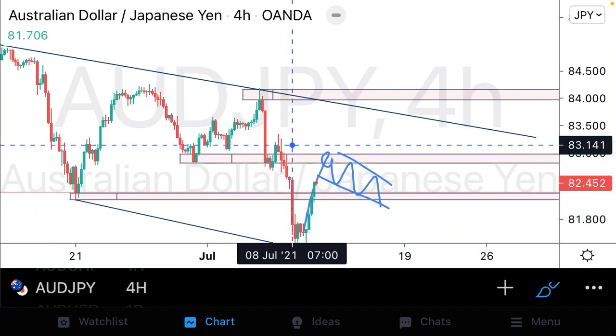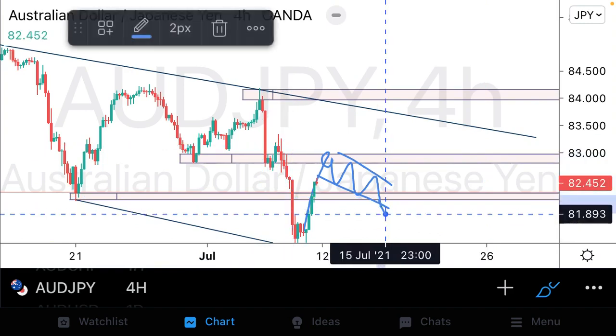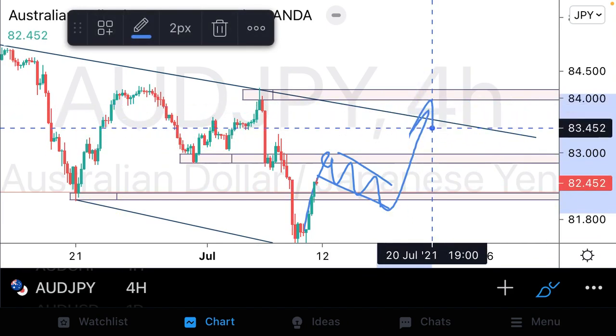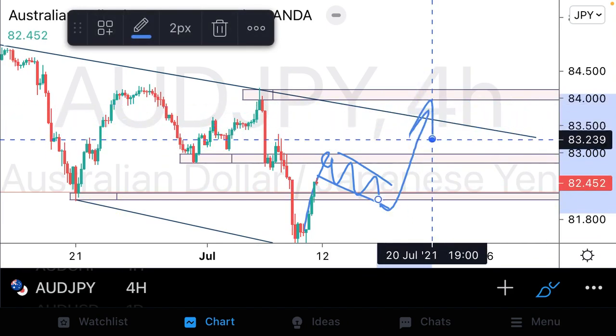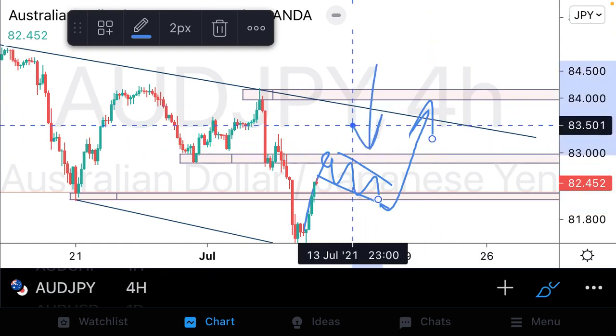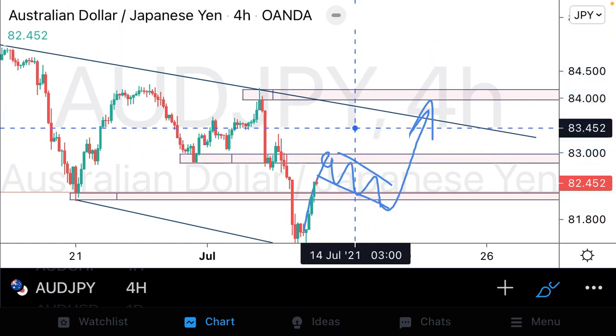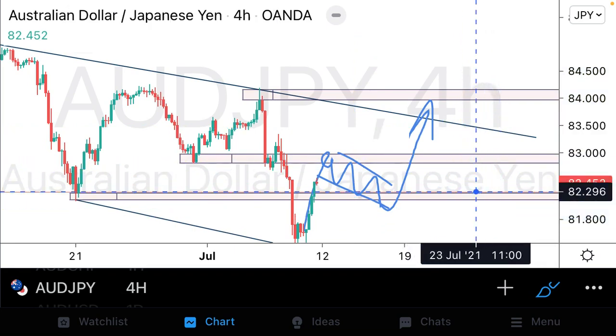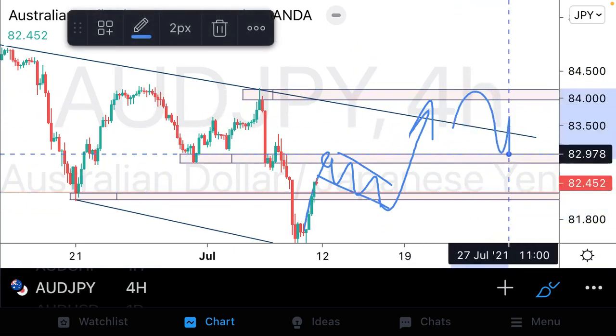So we're expecting this level of structure to be respected by price if we see prices coming down in a corrective manner. So we're looking for those potential buy setups from our support structures based off how structure will deliver those buy setups, and we're looking for sell setups from resistance structures based off how price will deliver those setups.